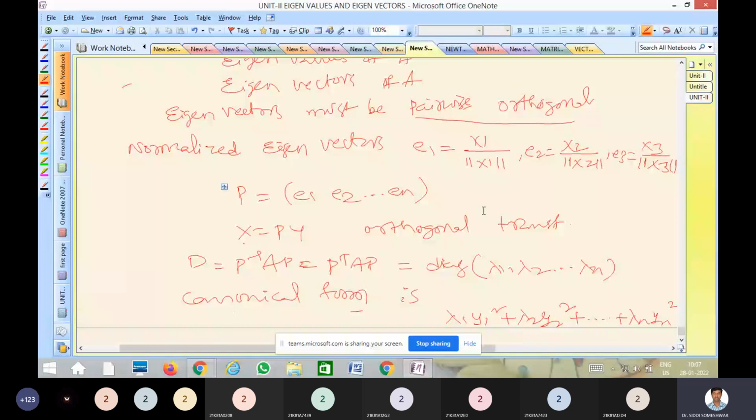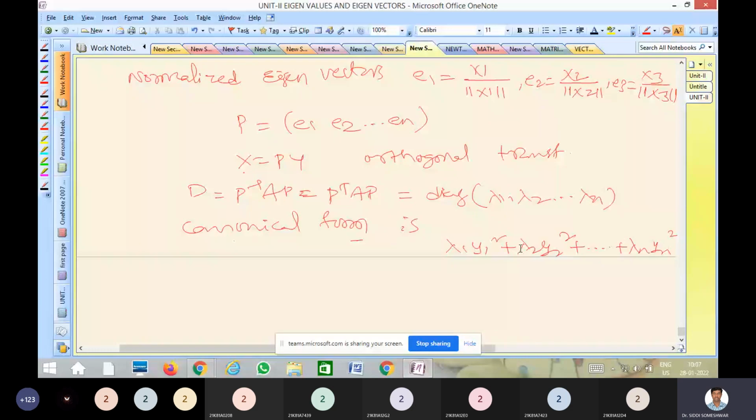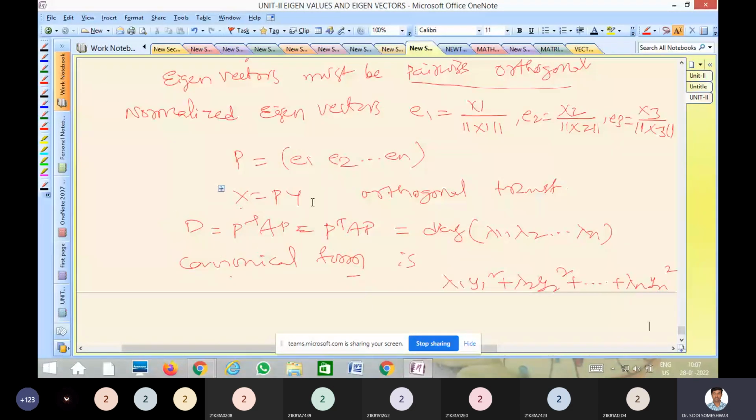Here you have a quadratic form containing square terms and product terms, and we are reducing it into one containing only square terms. How? By the second method, the orthogonal transformation. You check that the vectors are pairwise orthogonal and write the modal matrix. Then diagonalization: P inverse A P, where P inverse is P transpose, gives the diagonal matrix with the eigenvalues as diagonal elements.